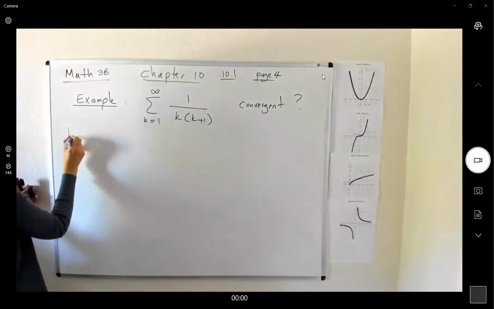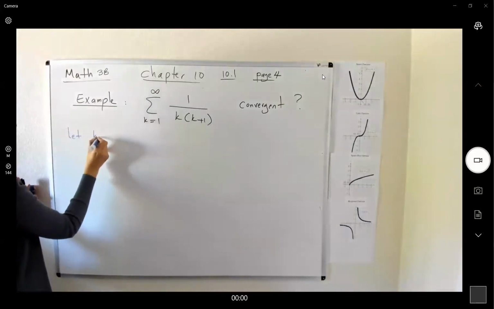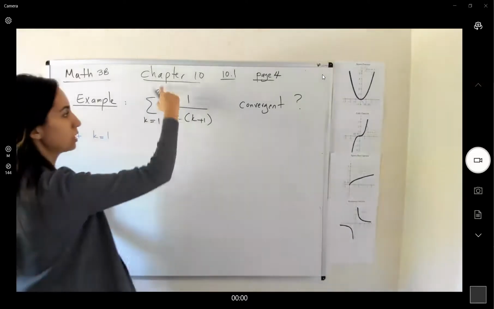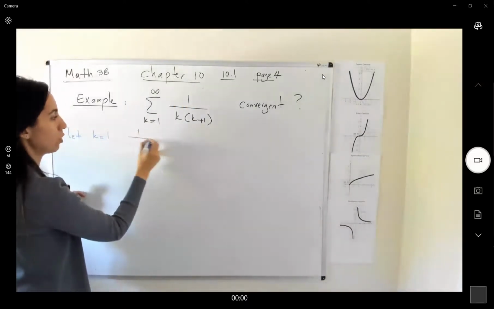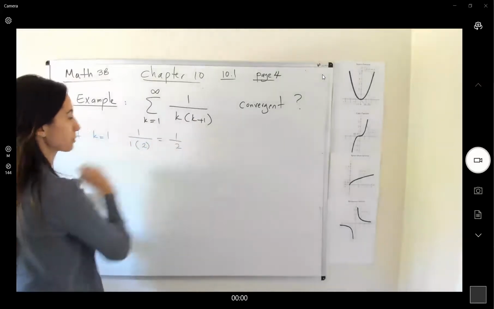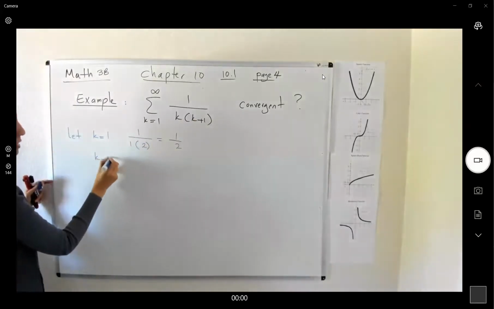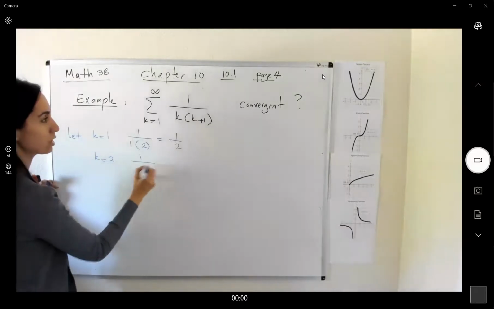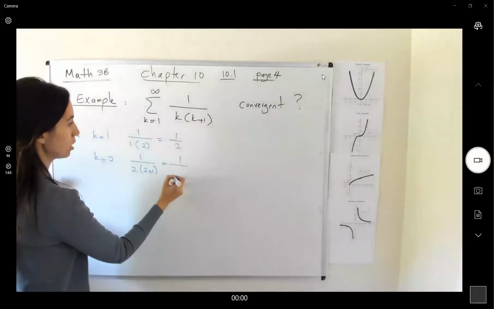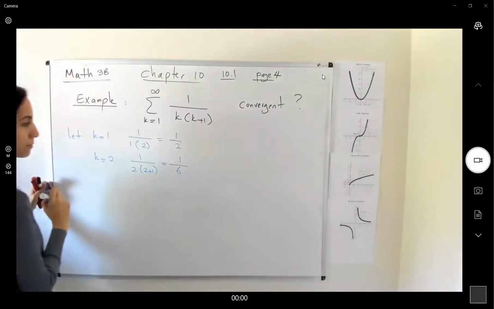So let k be equal to 1. When k is equal to 1, the first term is 1 over 1 times 2, which is a half. When k is equal to 2, you get 1 divided by 2 times 2 plus 1, which is 1 over 6.